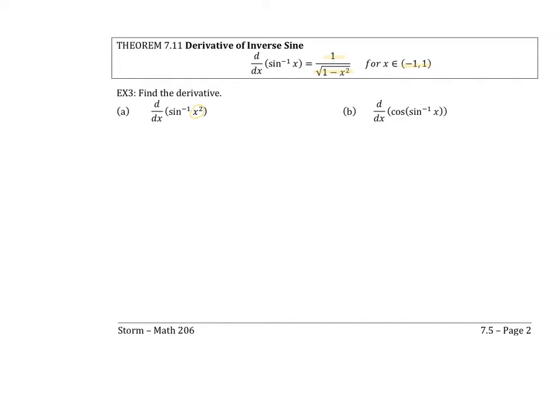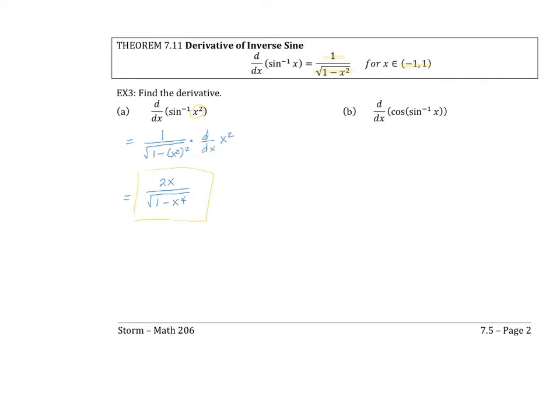So this derivative is going to equal 1 over the square root of 1 minus x squared squared. And then because it's the chain rule, we have to take the derivative with respect to x of x squared. And that's just going to be 2x. So cleaning this up, I'm going to have 2x over the square root of 1 minus x to the 4th. Okay? And this is where we can stop.